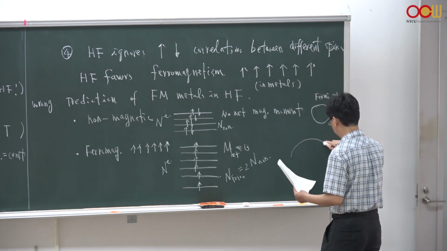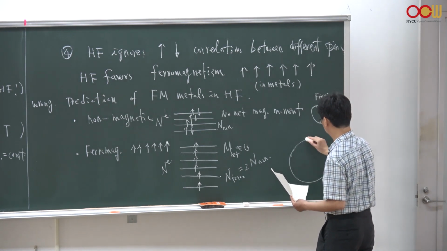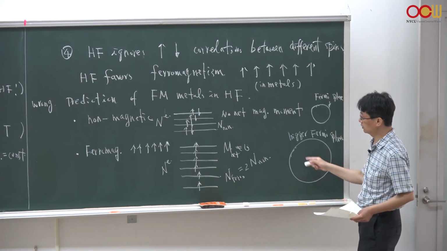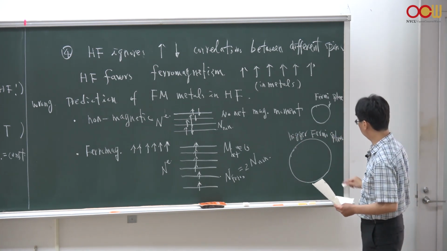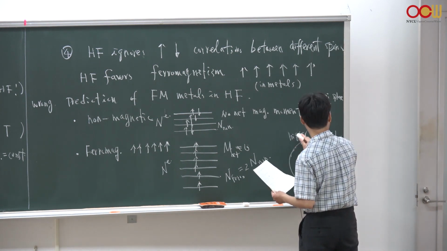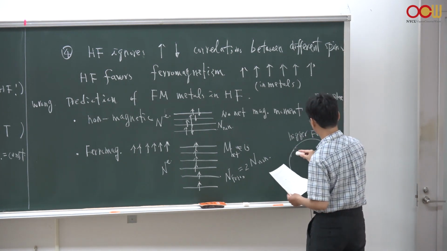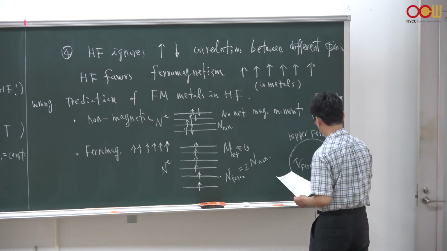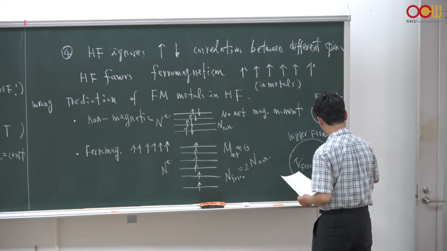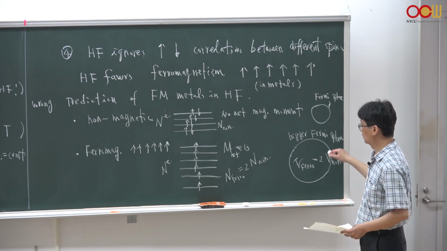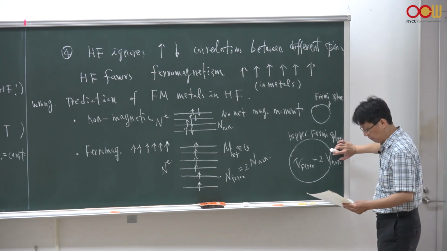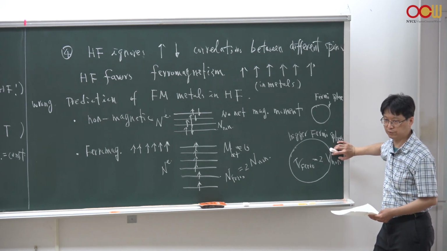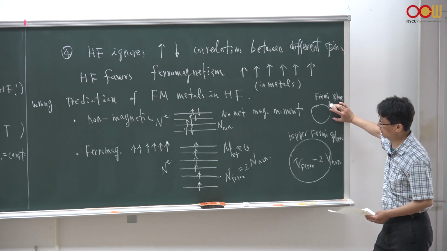But the consequence of this doubled number of energy levels implies a bigger Fermi surface. So the size of this Fermi sphere for the ferromagnetics is actually twice as large as this non-magnetic case. So suppose this is volume ferro, which is 2 times volume of non-magnetic, and therefore this modifies both the kinetic energy and the potential energy within the Hartree-Fock, compared to the non-magnetic case.